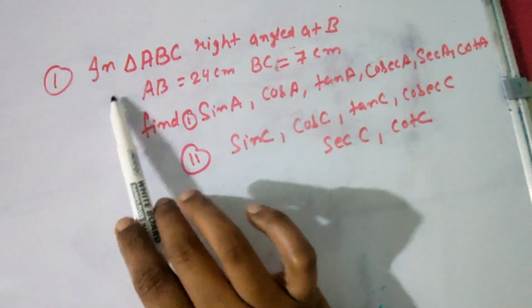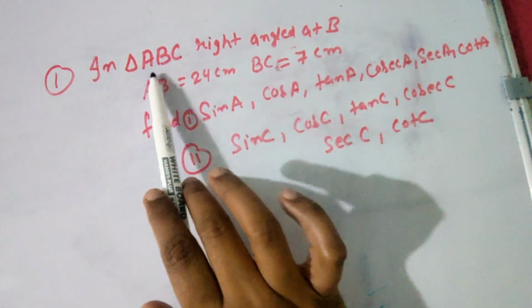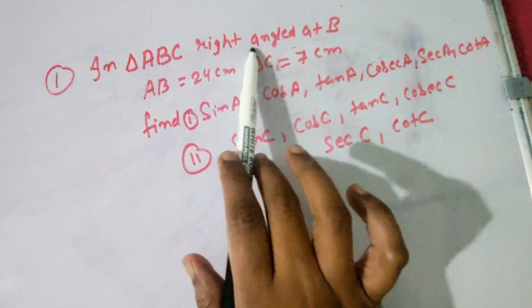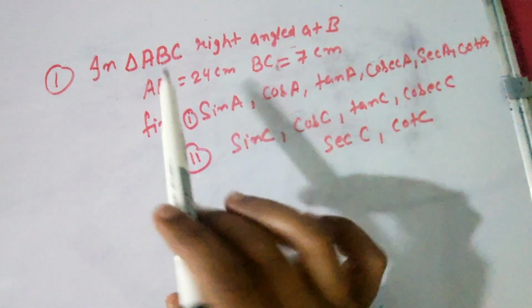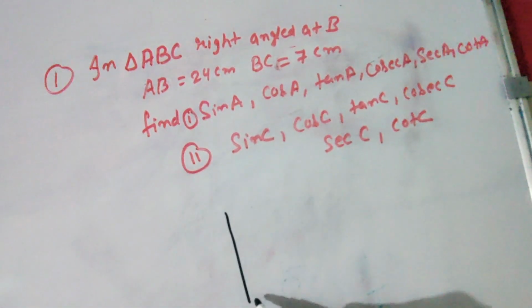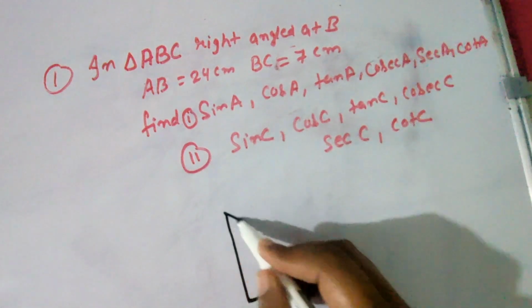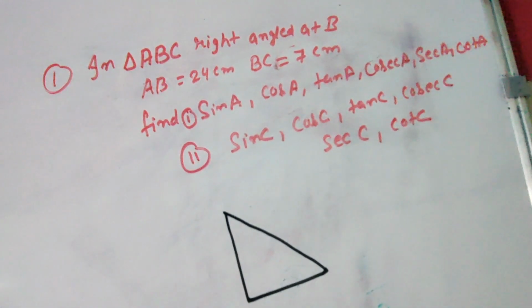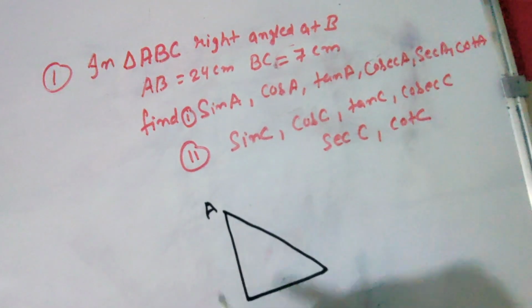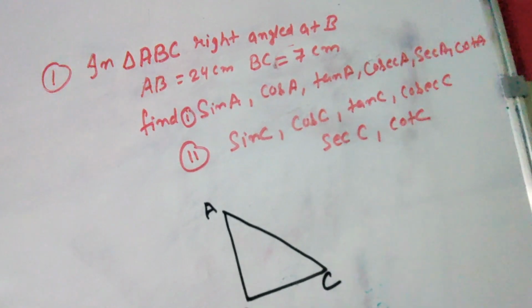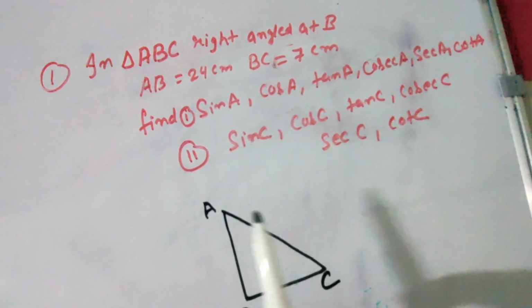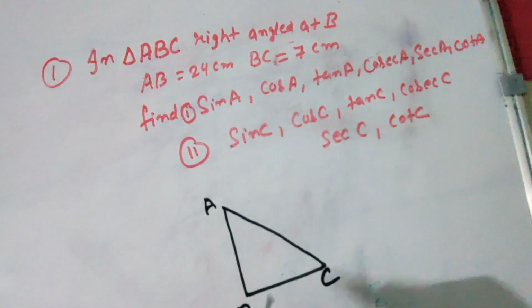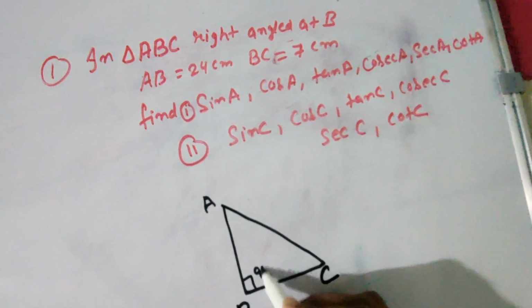First question: in triangle ABC, right angle at B. This is a triangle ABC, a right angle triangle, with the right angle at point B. This is 90 degrees.